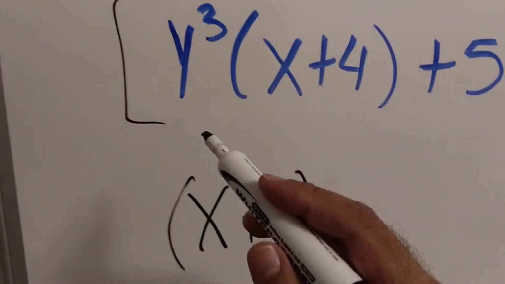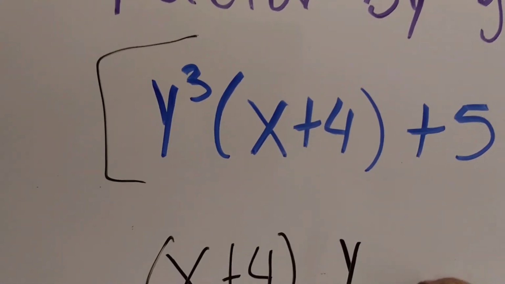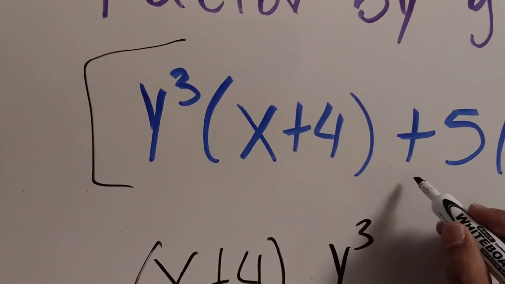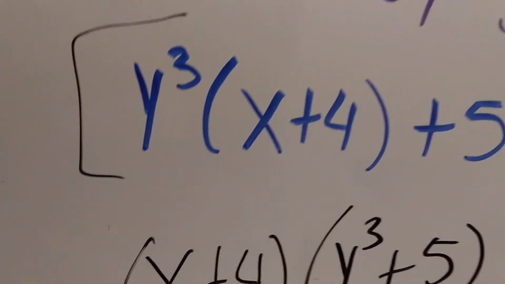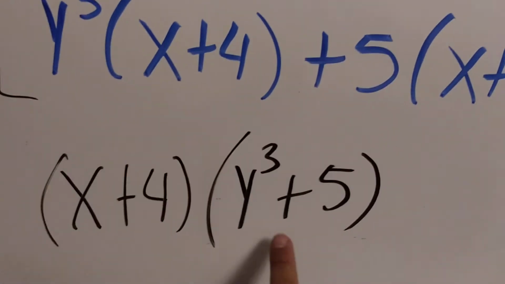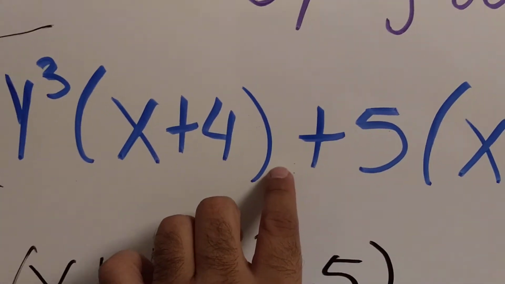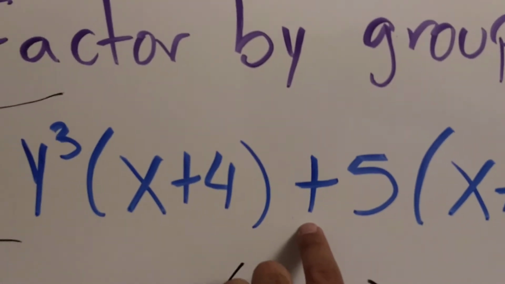And now we're left with, in the first component, y to the third plus 5. The reason why we keep the plus 5 here is because these two groups are being joined, quote unquote, by a plus. So you have to carry that plus.